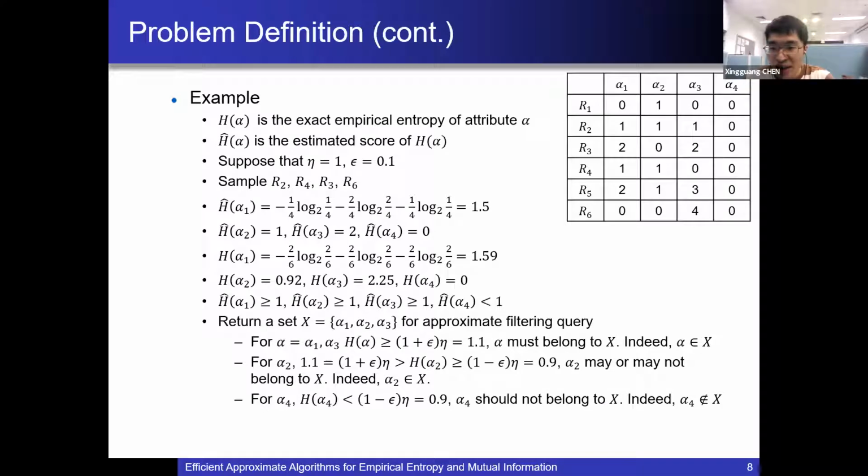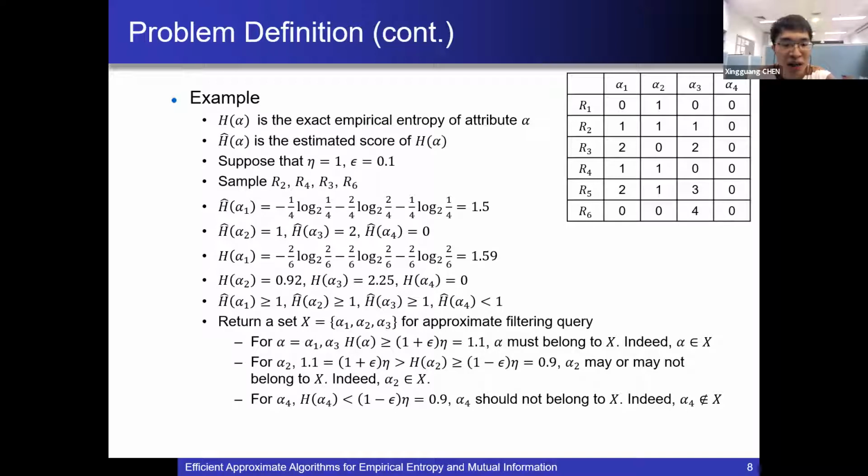We return a set X including alpha 1, alpha 2, alpha 3 for the approximate filtering query, because we can verify that for all attributes alpha, the conditions of the approximate filtering query are satisfied.